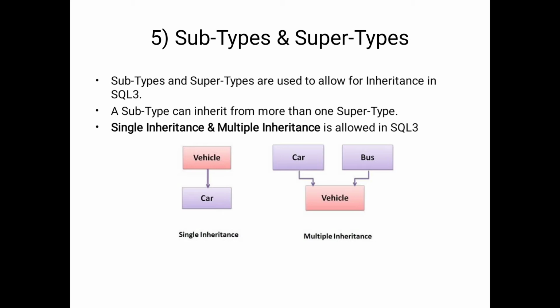Coming to multiple inheritance, here the vehicle is the supertype, and the subtypes are car and bus. In this perspective, either the car or bus can use the attributes or methods of the vehicle class. I hope all of you understand the difference between subtypes and supertypes.